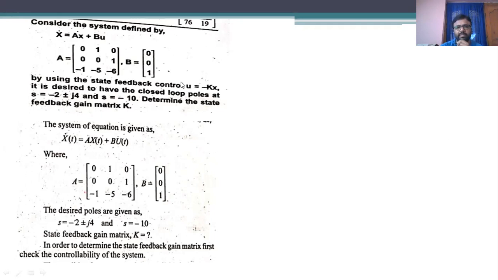By using the state feedback control u equal to minus Kx, it is desired to have the closed loop poles at s equal to minus 2 plus or minus j4 and s equal to minus 10. Determine the state feedback gain matrix K.